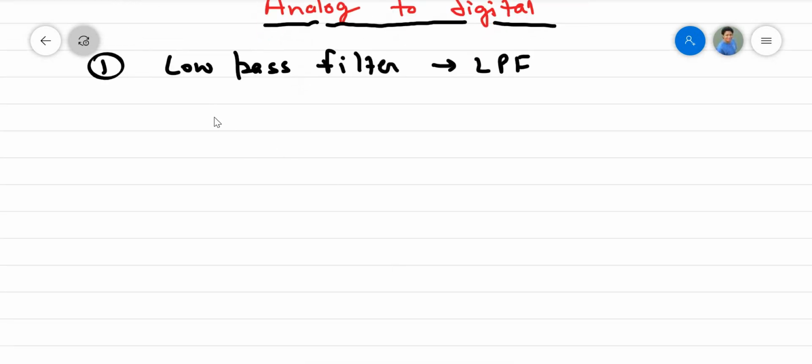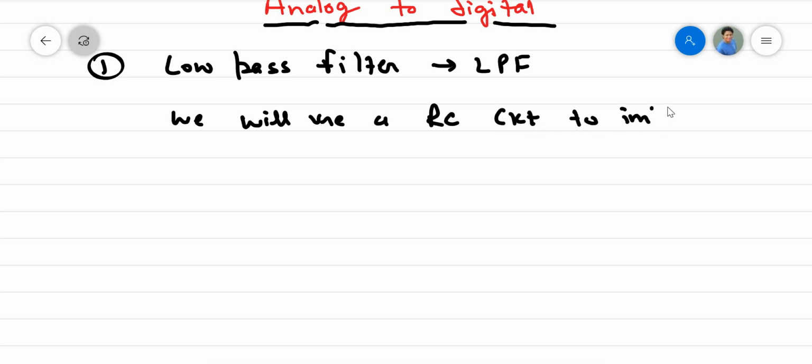So if you want to design an LPF using an RC circuit, we will use an RC circuit to implement the LPF. Right?